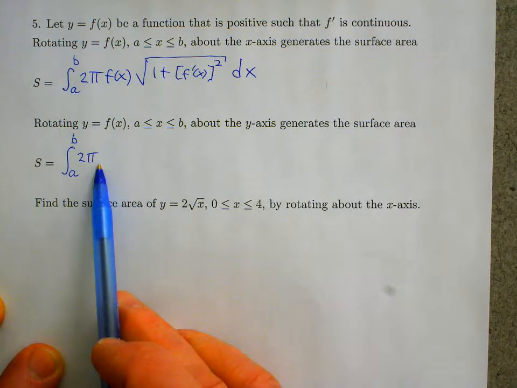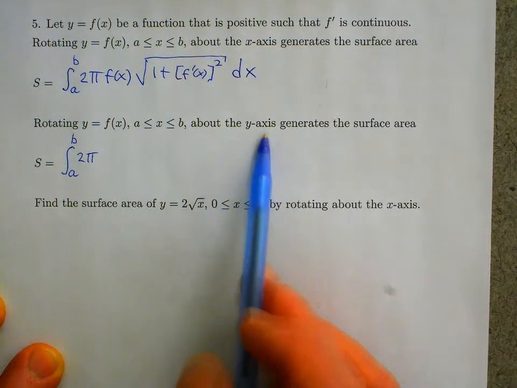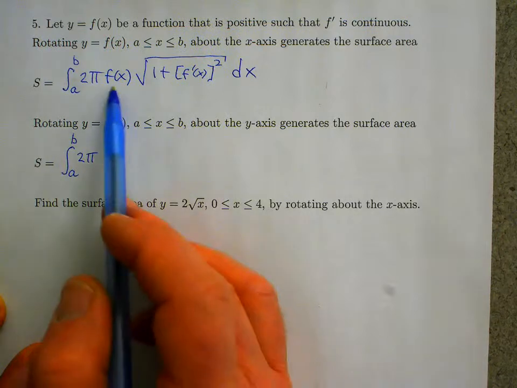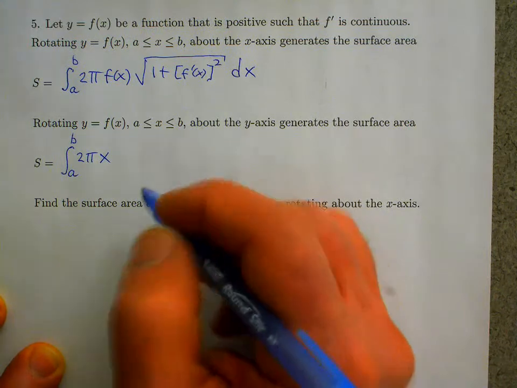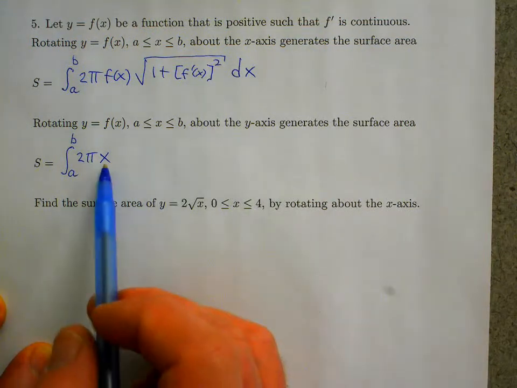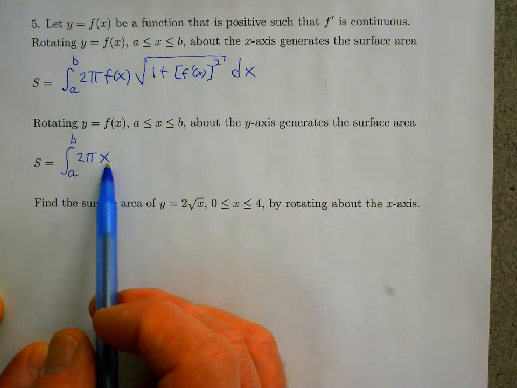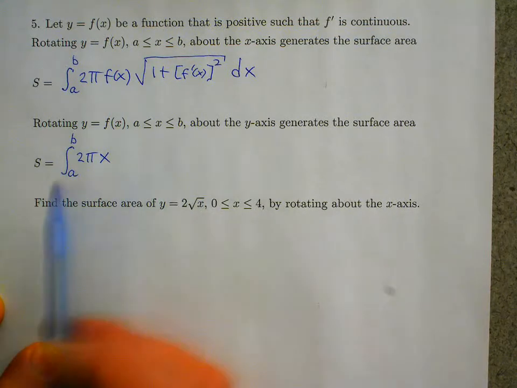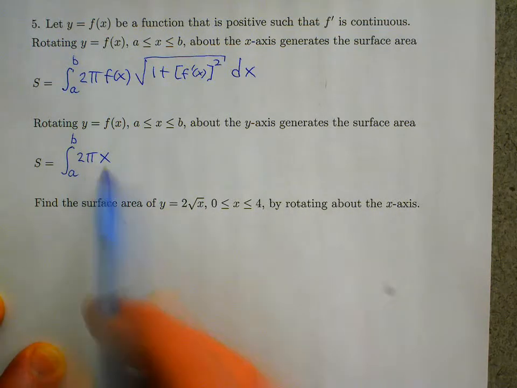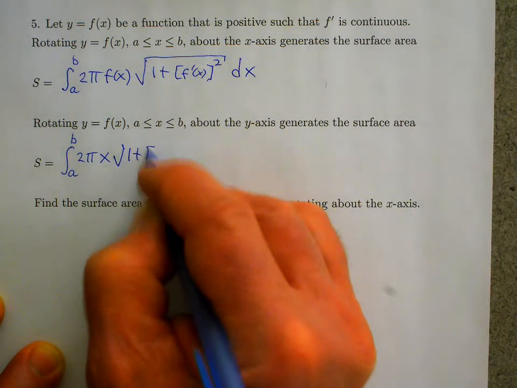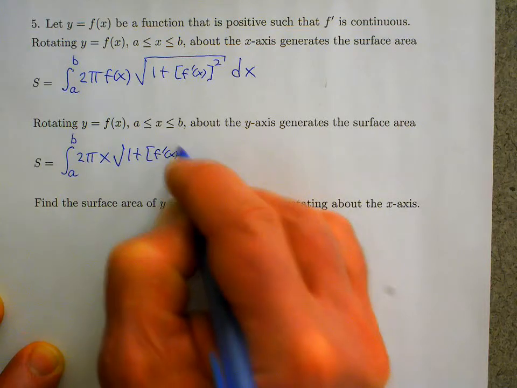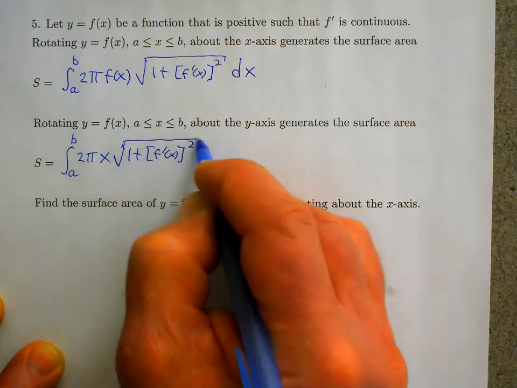If we rotate it about the y-axis, instead of using f of x, it's going to be x, because we're measuring the radius of the cross-section of a rotation. So if it goes to the y-axis, then that radius is an x value. And then times the square root of 1 plus f prime of x squared dx.